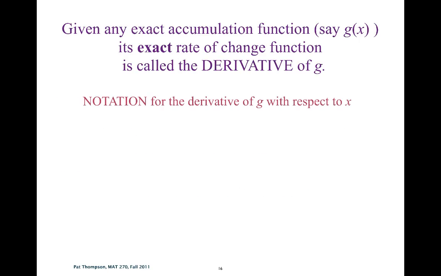All right, so there are different notations for the derivative of g with respect to x. One of them is this. That's a notation for the exact rate of change function for the function g, or the derivative. Also g prime notation.